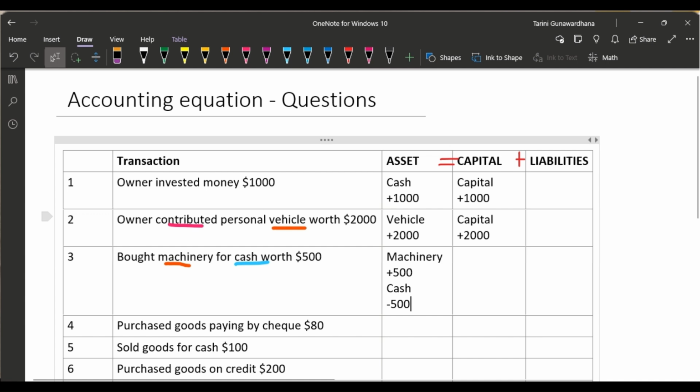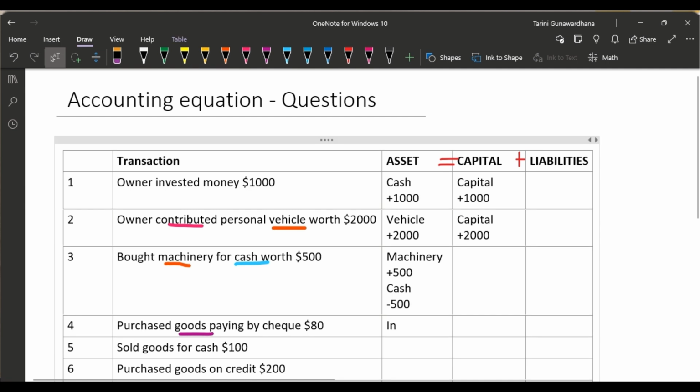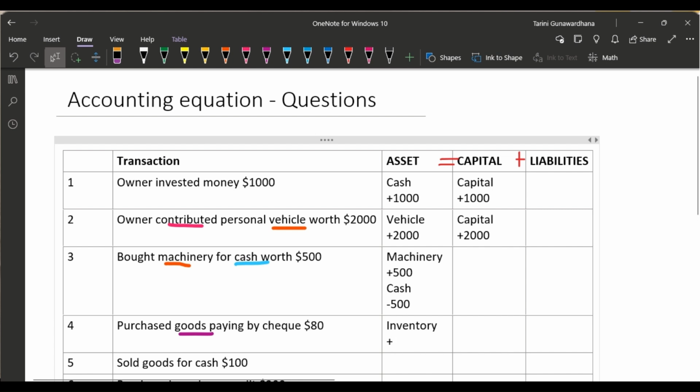Next part. Purchased goods paying by check, $80. Purchased goods. So inventory, right? More inventory is there in the business now. So we would say inventory plus 80.